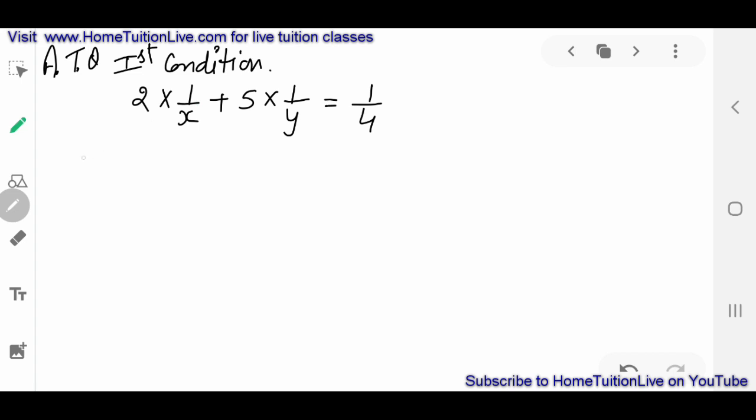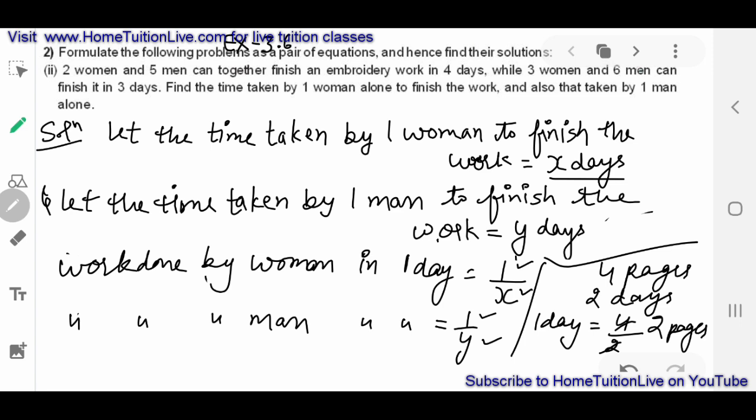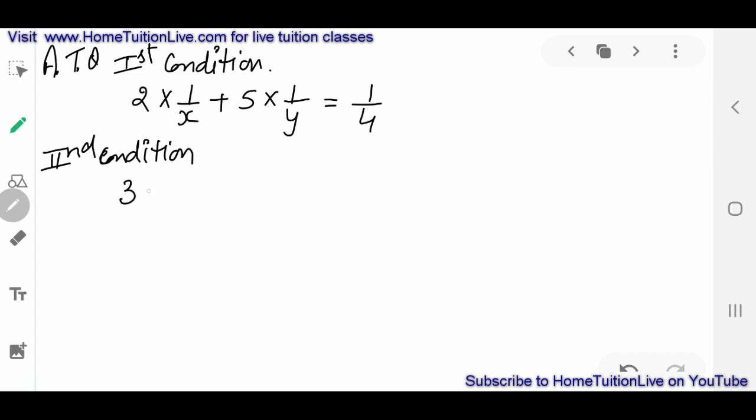So now the second equation. Second condition is 3 women and 6 men. 3 women's 1 day work is 3 into 1 by X and 6 men's 1 day work is 6 into 1 by Y, and they completed it in 3 days, so 1 by 3.